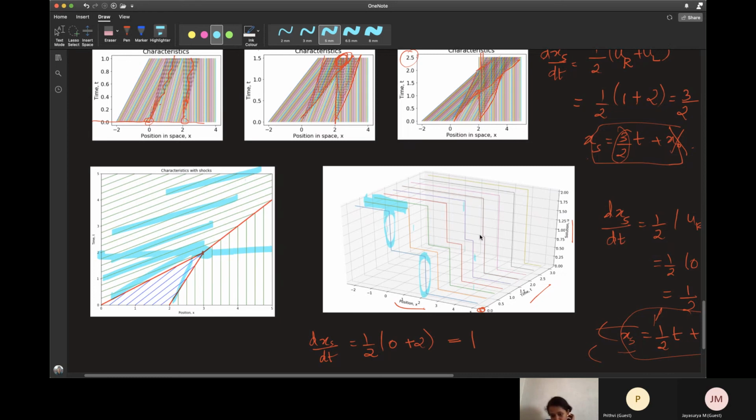Over time, these two shocks are coming closer, and here intersection happens between these two regions. That is, between these two times intersection happens and one shock forms. Then it moves. So this is the solution over time, a 3D picture.